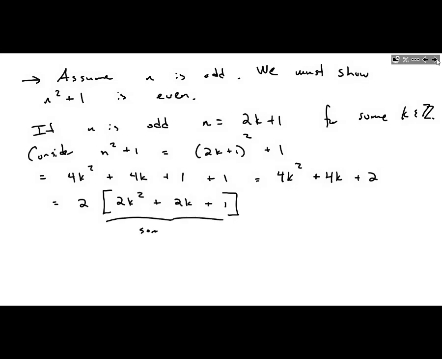This is just some integer. And if I take 2 and multiply it times some integer, it is even. So n squared plus 1 is even. So I just proved the forward arrow of this biconditional statement. We assumed that n is odd, and we showed that n squared plus 1 is even. Now we're halfway through. I have to go backwards as well.